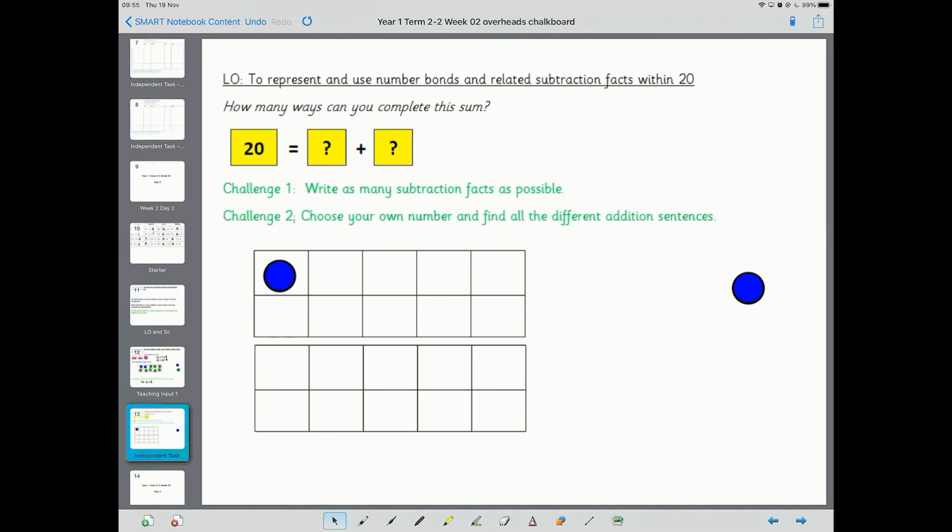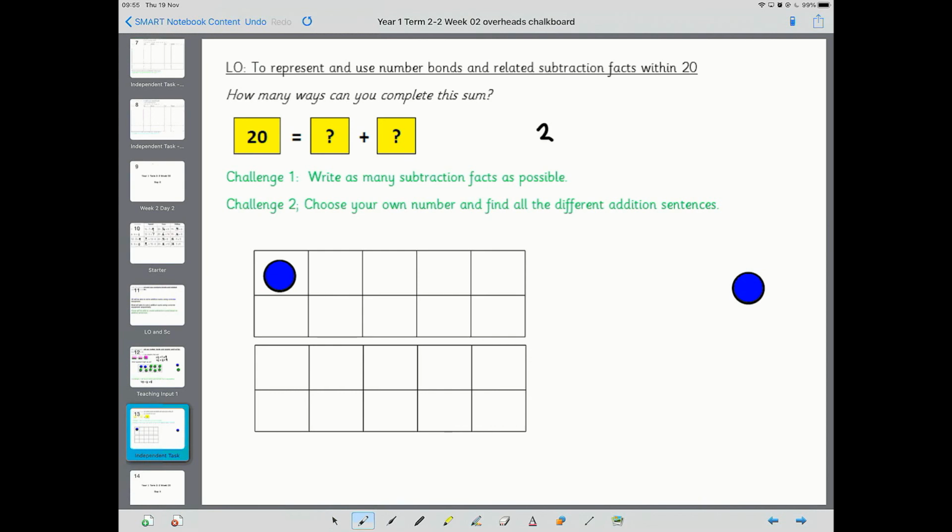So we know that 20 equals 1, and then let's count how many grids are missing. 1, 2, 3, 4, 5, 6, 7, 8, 9, 10, 11, 12, 13, 14, 15, 16, 17, 18, 19. So that would equal 1 plus 19.